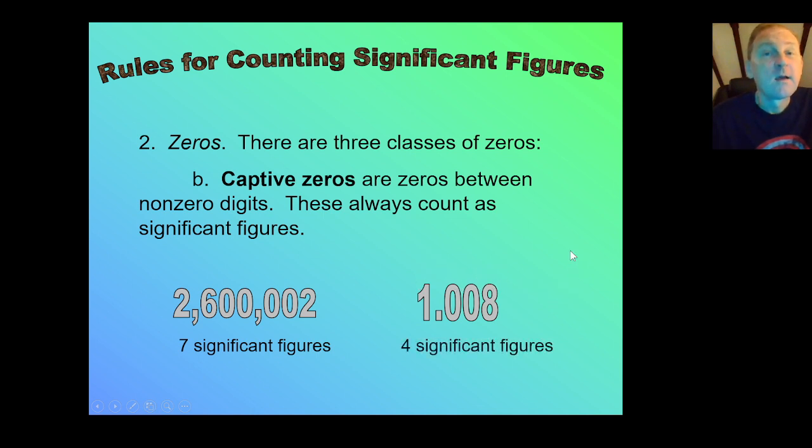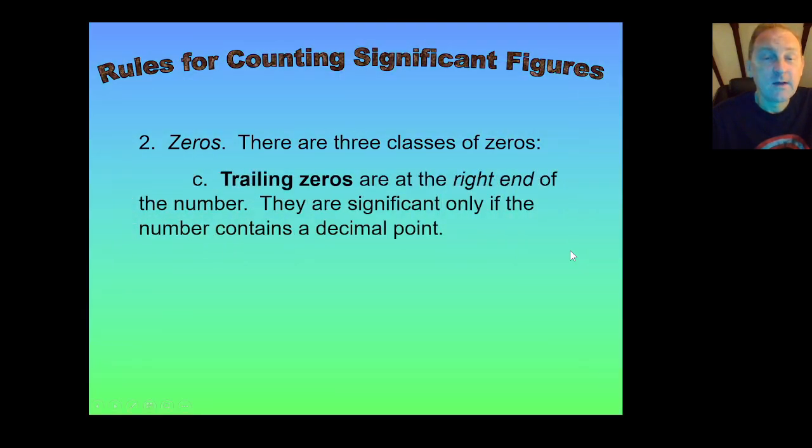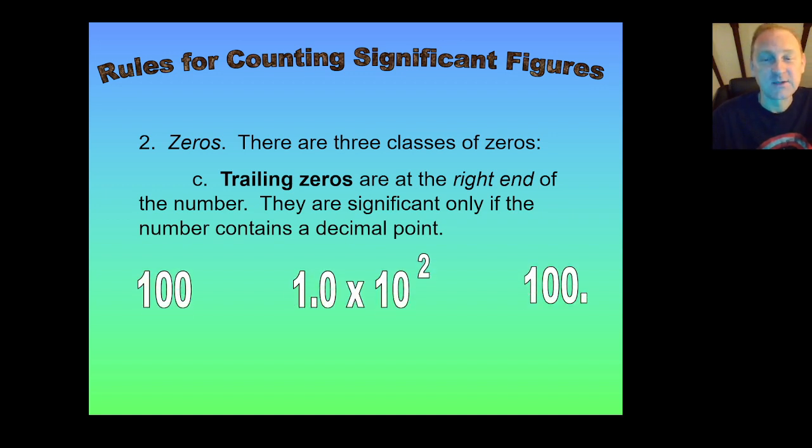Now, the last category of zero is a trailing zero. Remember, leading zeros never count. Captive zeros always count. Trailing zeros sometimes count. And this does confuse people, but pay attention, take some good notes, and it's not that bad, but I think some people don't think about this very much and they get confused.